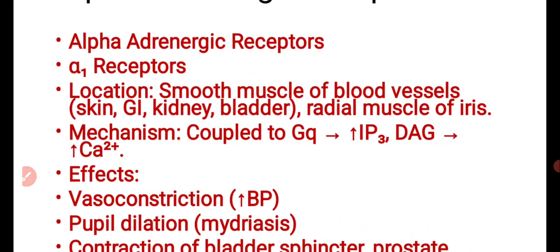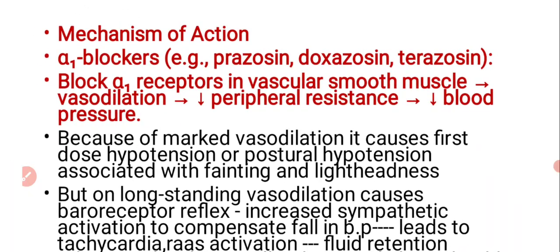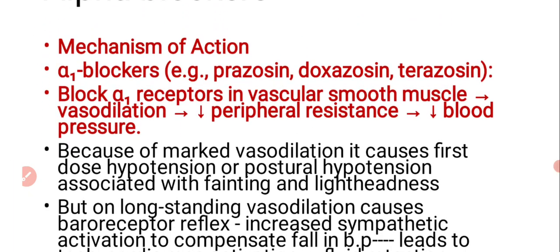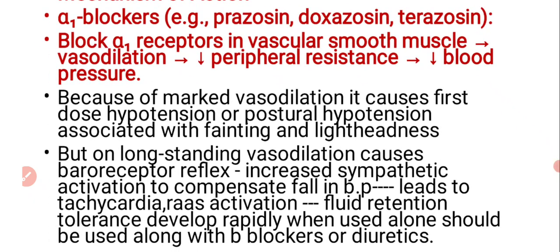How do alpha blockers act? Alpha blockers act by blocking the vasoconstrictory effect of the alpha 1 receptors. When vasoconstriction is blocked, it causes vasodilation, decreases the total peripheral resistance and decreases blood pressure. But they cause marked vasodilation, especially of the arterioles.